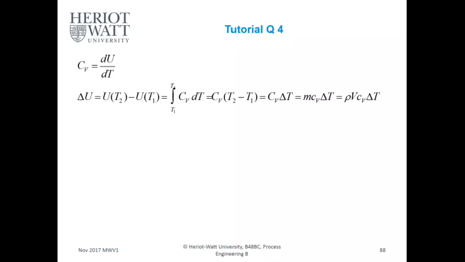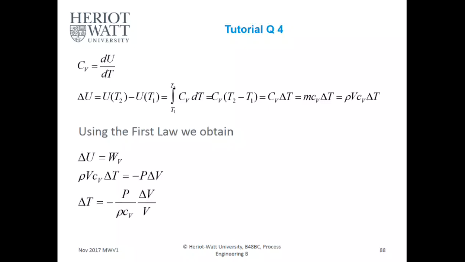Right? So you have your volume of the sphere, you have your density of the air. Using the first law, we can obtain the change in internal energy equals volume work, and rho V CV dT, so your m CV delta T, equals negative P delta V. And your change in temperature equals minus P over the density multiplied by CV, multiplied by the change in volume over the total volume of the universe.